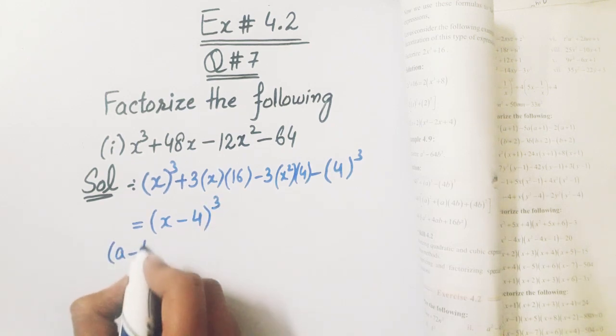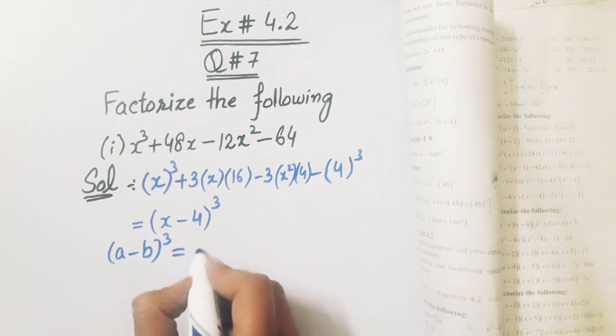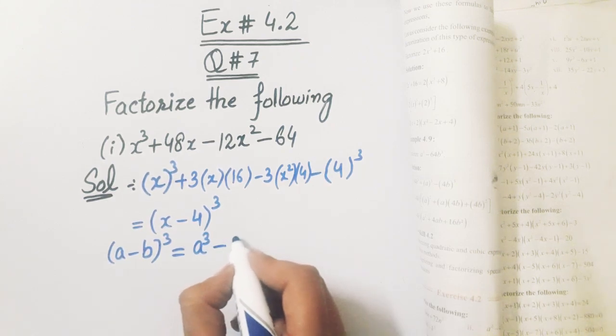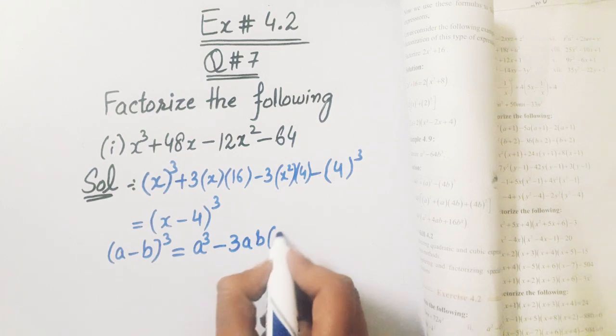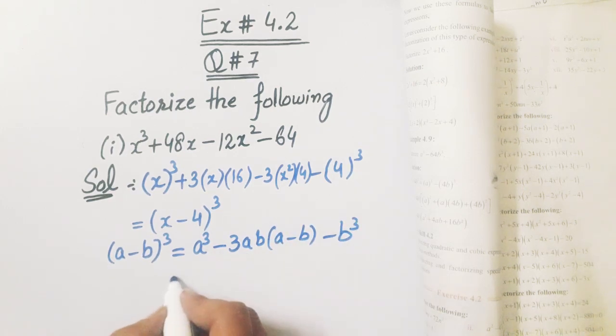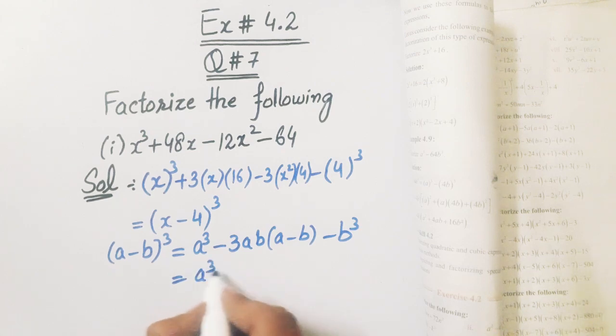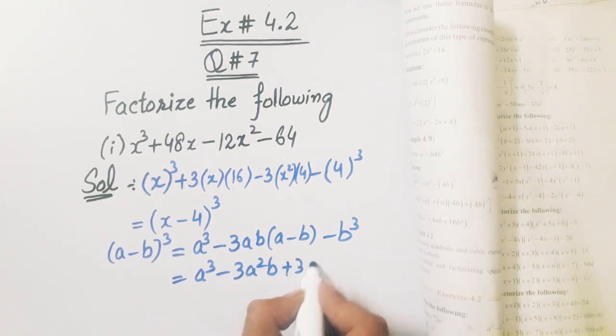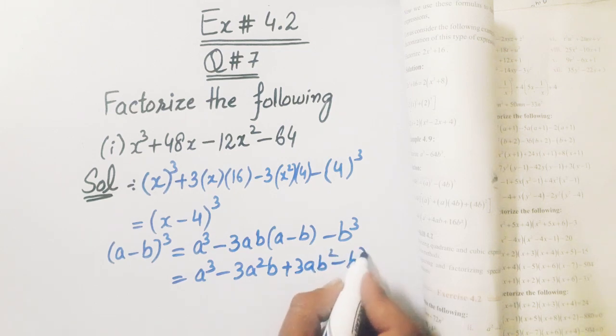The formula of a minus b whole cube is equal to a cube minus 3ab into a minus b, minus b cube. We can write this as a cube minus 3a square b plus 3ab square minus b cube.